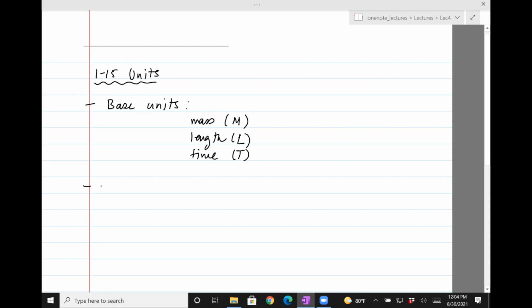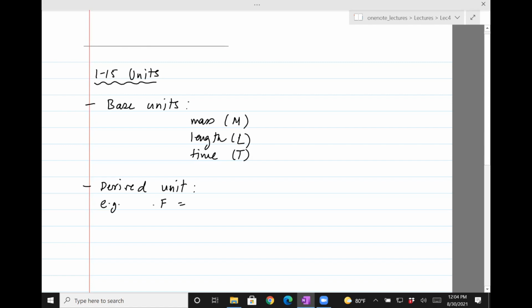Now, if you want anything else, you would define a new quantity, let's say force. Then you can figure out the units of force, which is a derived quantity, in terms of the base units.